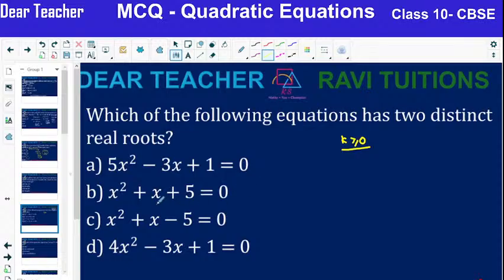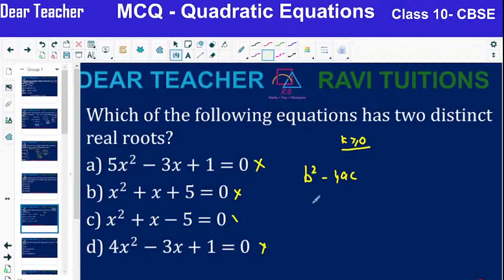You can see b square minus 4ac is the main expression. b square is here 1, 1 minus 20, it is equal to minus, no. This is also, you can have 1 plus 20. By elimination, you eliminate these two things. So here 9 minus 20, this is also no. Here 9 minus 16 is also no. So the answer might be this one.